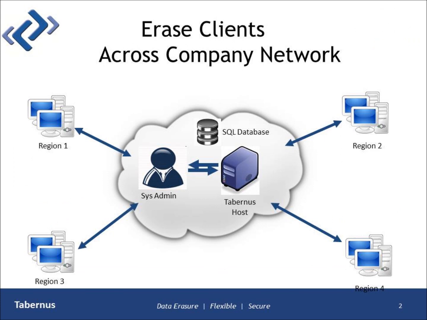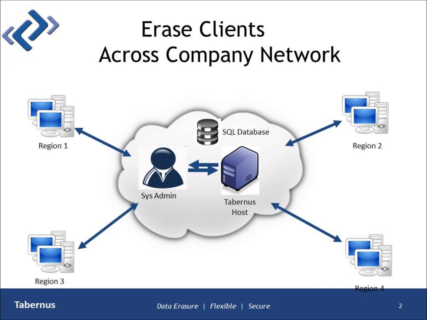Great. Let's talk a little bit about Enterprise Erase WAN. It enables, from a centralized location, a system admin or others to erase client computers across a company network. The Tabernus host sits on a static IP and can always be found by targets that want to be erased.